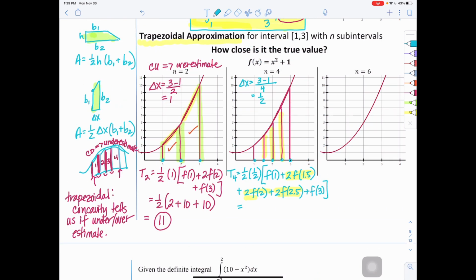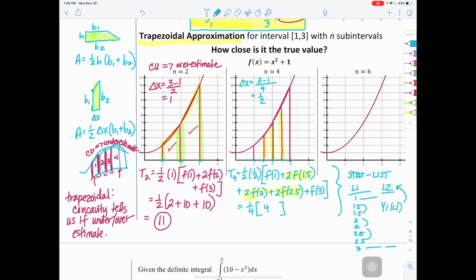So we will have 1/4, and let me tell you how I put this in my calculator. I went to Stat, List, and under L1, I put a 1, 1.5, 1.5, 2, 2, 2.5, 2.5, and a 3. Here are my outers, here's double my inside. And that way in L2, when I found Y1 of the L1s and added them up, I got 43.